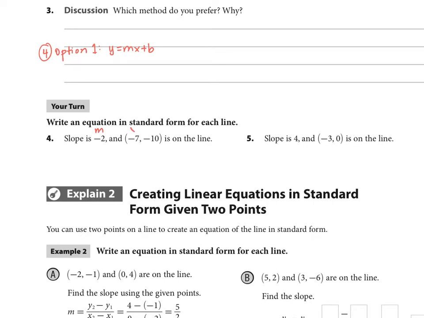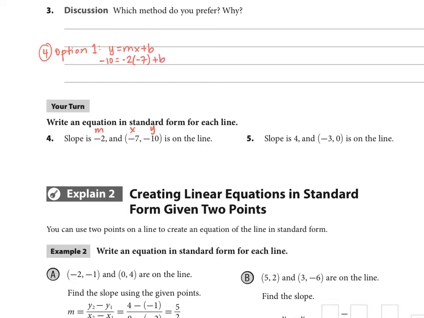If my -7 represents our x coordinate and then -10 represents a y coordinate, remember this is just one of the points on the whole line. We have an infinite amount of points, but that's one of them. I can go ahead and plug that straight into my y equals mx plus b that's up here. So let's do y is -10, m is -2, and x is -7.